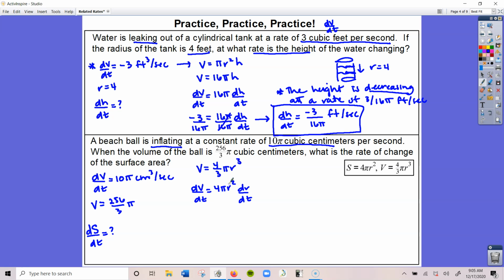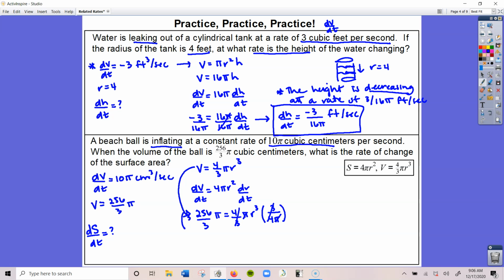So since I need the radius and I'm given volume, I can plug in 256 pi over 3 for the volume here and solve for the radius. So let's go ahead and do that. 256 pi over 3 is going to equal 4/3 pi r to the third. In order to solve for r cubed, I can multiply by 3 over 4 pi. That way it would cancel out the pi's and my fraction, and we would have r cubed by itself.